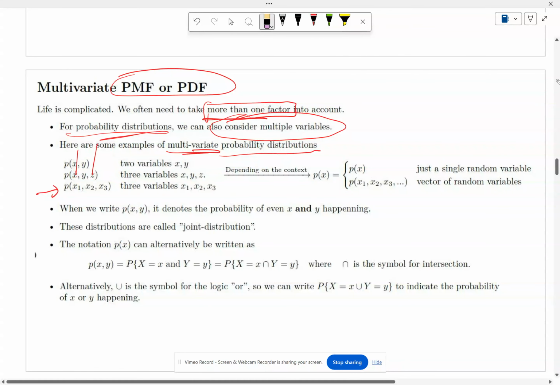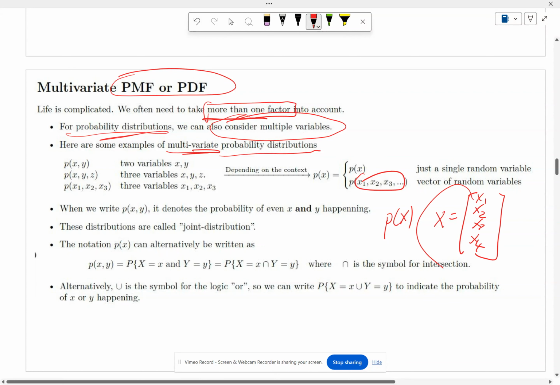Now, when you only have one variable, that depends on the context, because one variable can just mean a single variable that you're taking into account, or it could be a vector of variables. It could be P of x, but x is really x1, x2, x3, x4. X could be multiple variables.